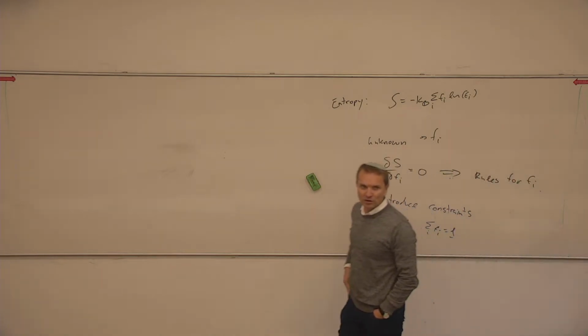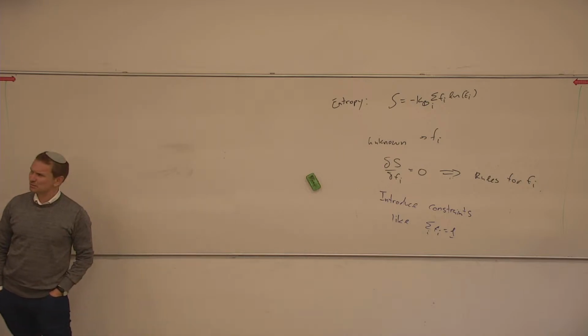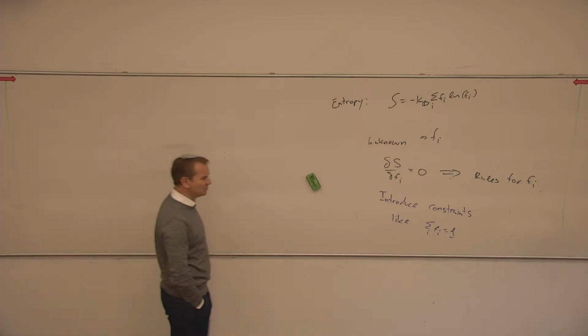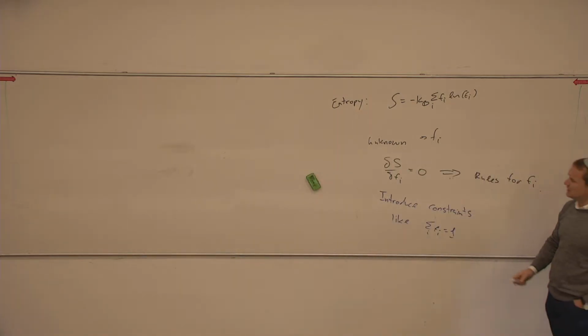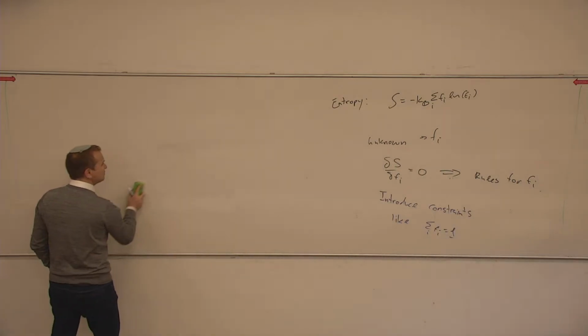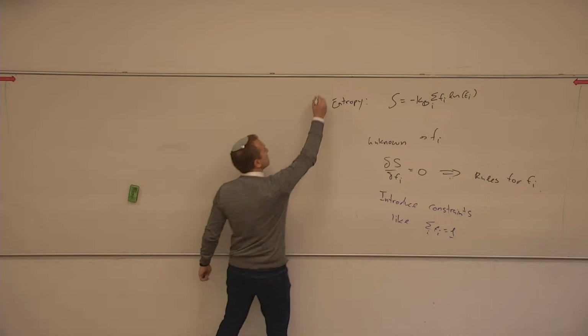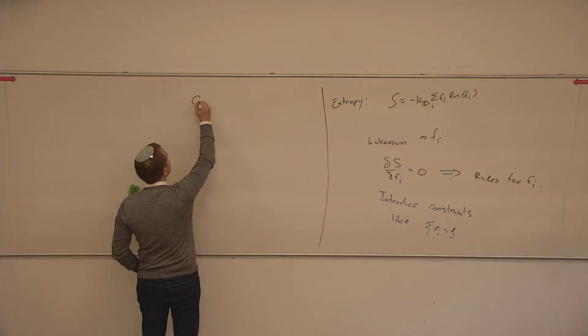So we did it for the microcanonical ensemble, and I think I just waved my hands about how we do it for the canonical ensemble. So we'll do it from scratch. Okay, so we've seen that it works for the microcanonical ensemble, it works for the canonical ensemble, etc. So let's repeat the canonical ensemble.